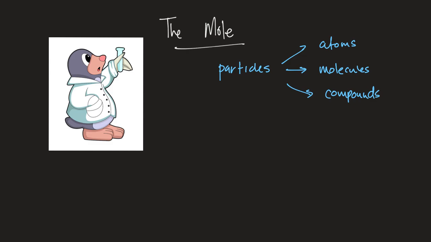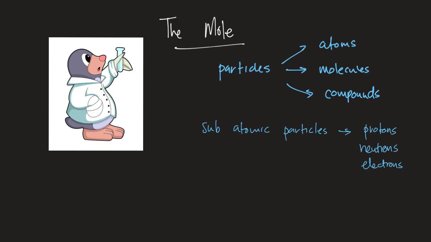That's what we mean by particles. If I'm talking about subatomic particles, then I'm talking about protons, neutrons, and electrons. So we need to make sure we differentiate between these things.